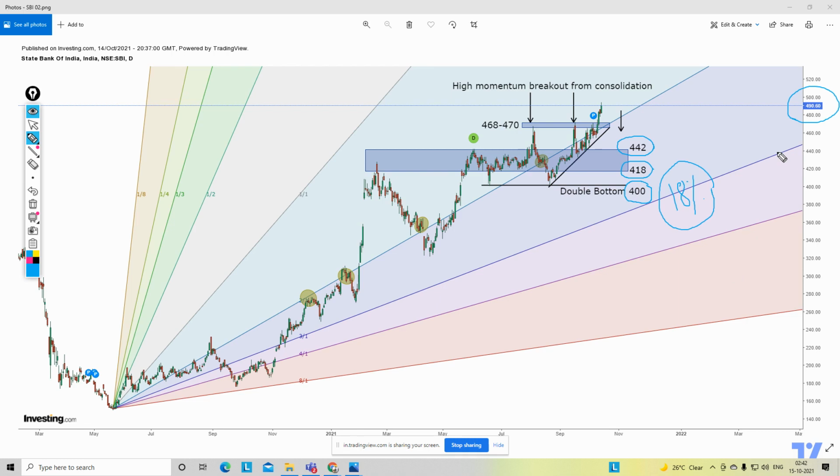So in my view, even at this particular area, even at the live highs, even at the top closing of the current trend, SBI looks to me a very good investment opportunity for at least 1 to 2 years. We will only exit in SBI if it is going below 400, correct?